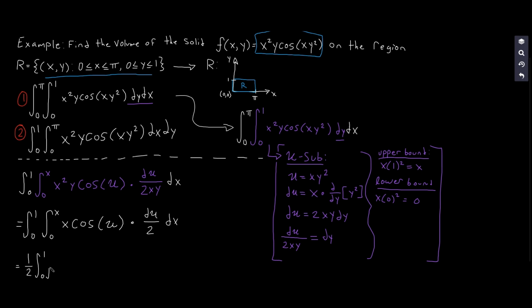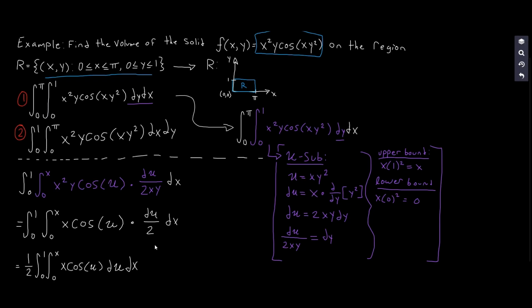It's just getting moved. It's going to be 1/2 times the definite integral from 0 to 1 times the definite integral from 0 to x times cosine of u. So this is going to be 1/2 times the definite integral from 0 to 1 times the definite integral from 0 to x for x.